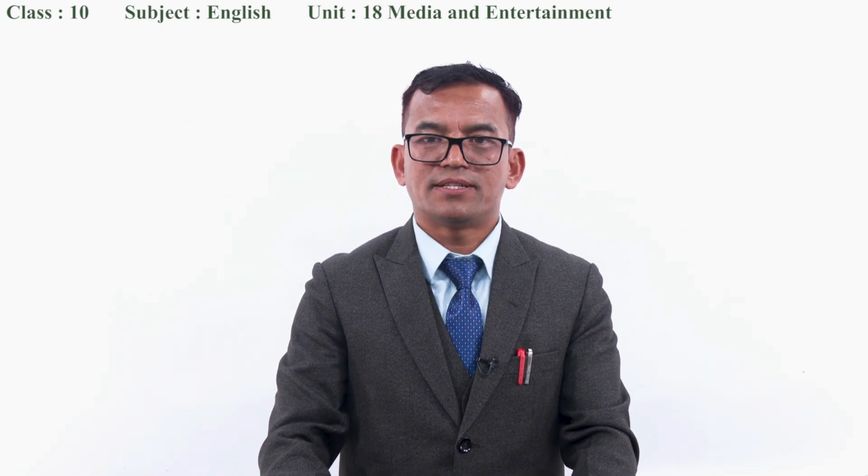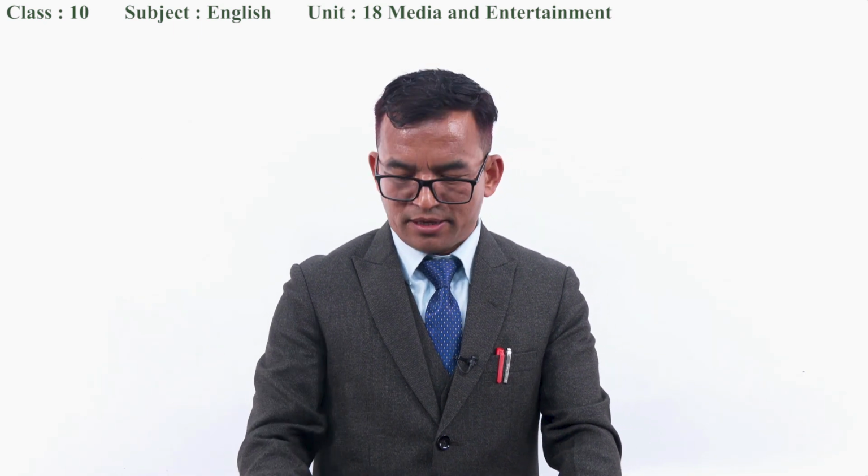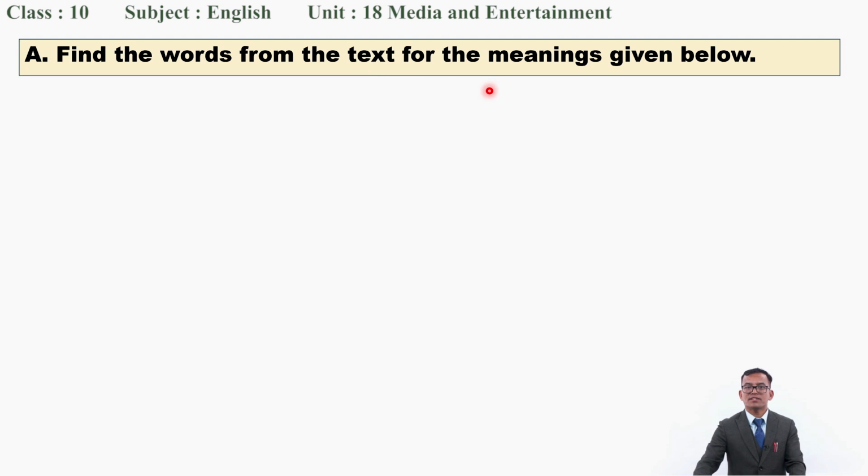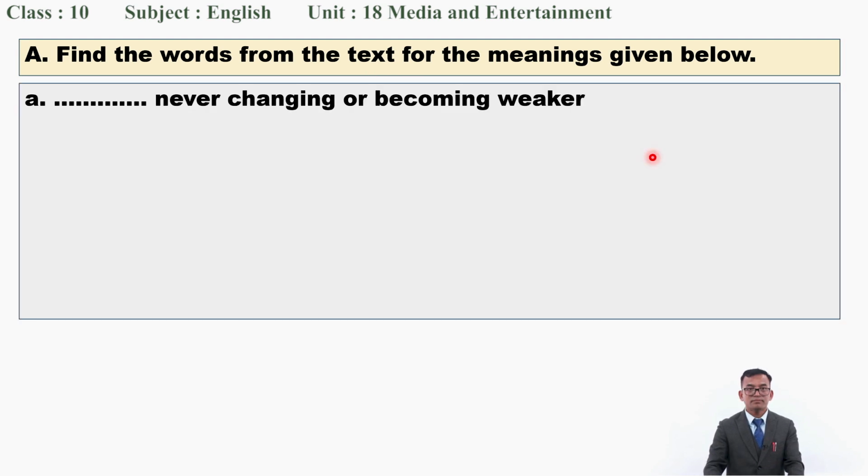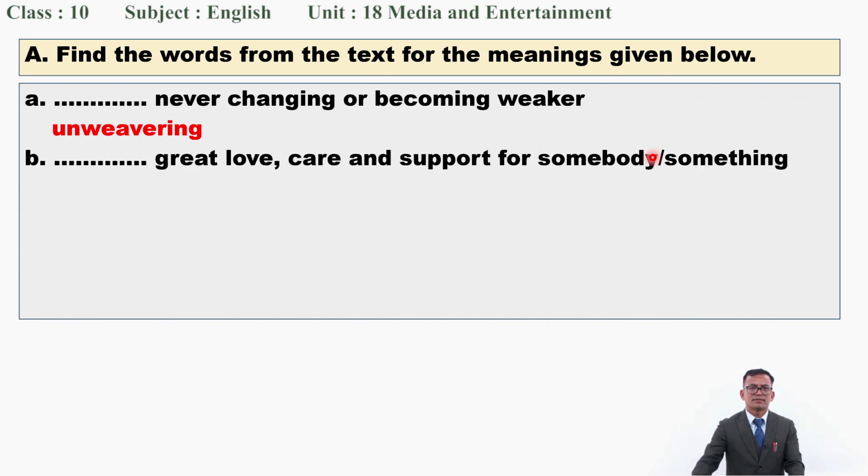Okay, dear students, now we'll discuss some of the words. Exercise A says, find the words from the text for the meanings given below. Can you please guess the answer? Never changing or becoming weaker. Right, that's unwavering. What about next?